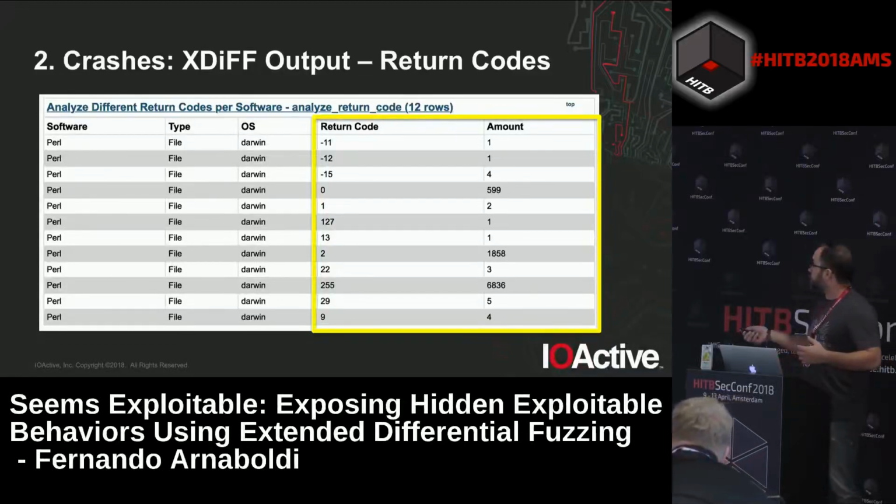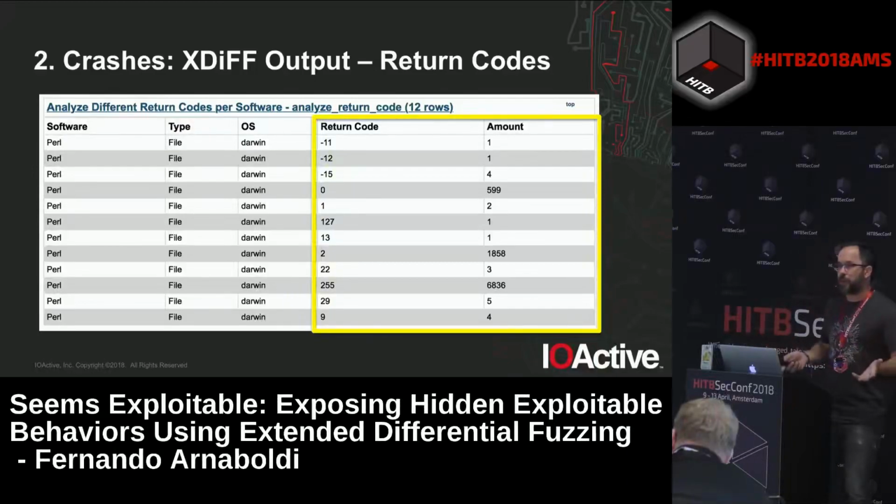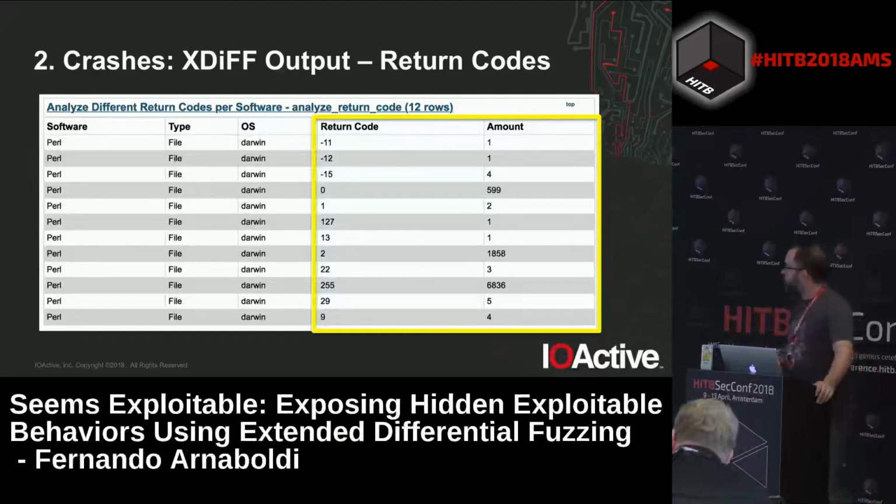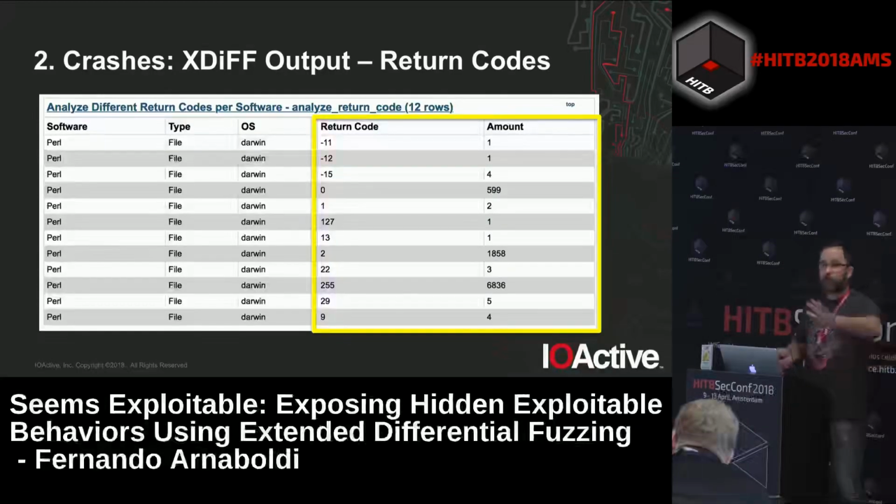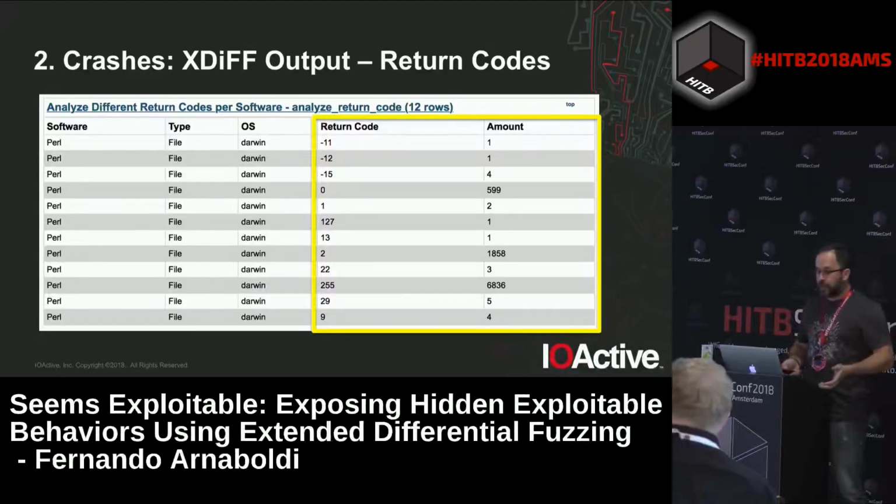Of course, the -11 was the one that we saw before, which is associated with a crash. But depending on the piece of software, if you just have 2 types of return codes and one of them only shows that it has been executed 1 time, it would be worth analyzing why it happened. So this is another way of how you can analyze crashes when we're talking about common fuzzing.